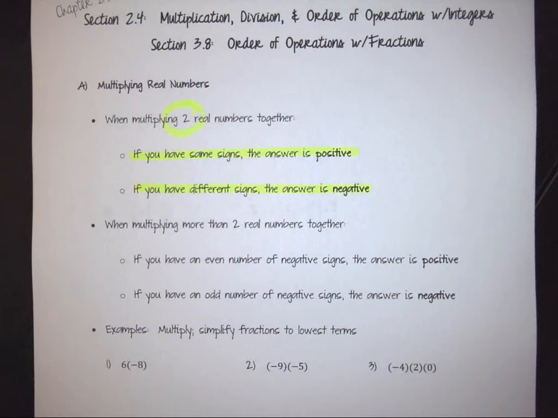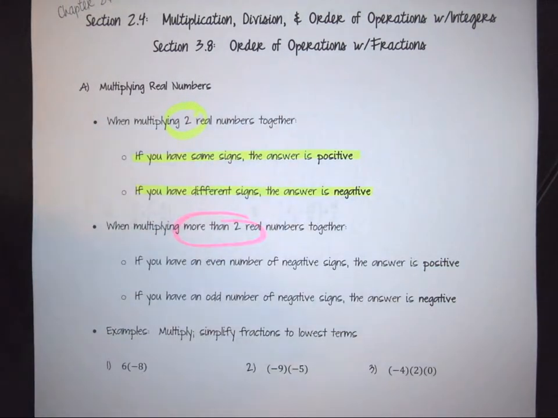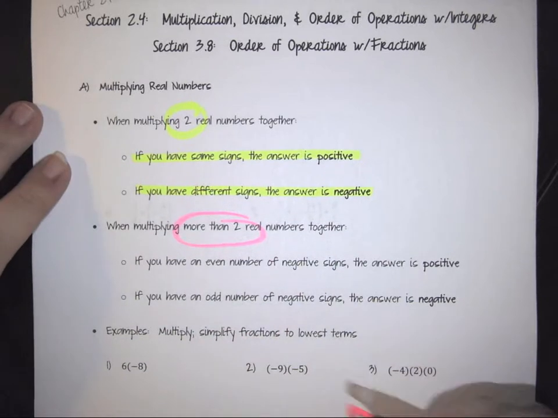Now, here we're looking at multiplying more than 2 numbers. So we're talking about multiplying 3 values, 4 values, 5 numbers, etc. Then the rules are as follows.